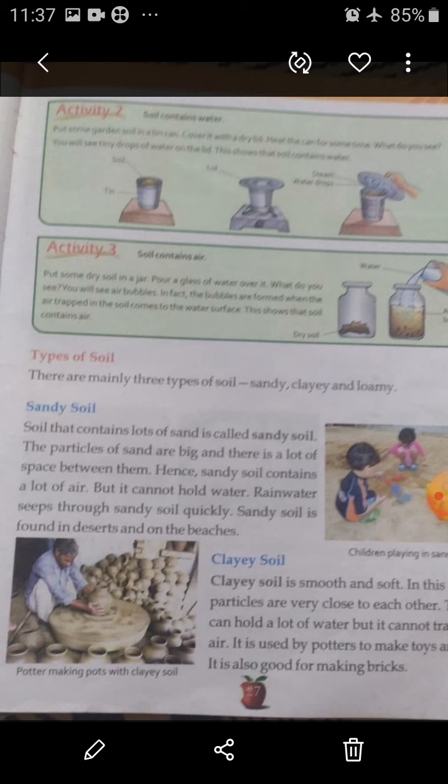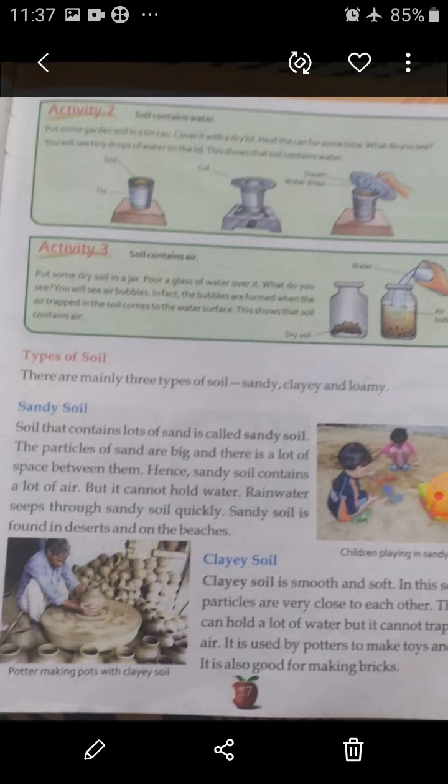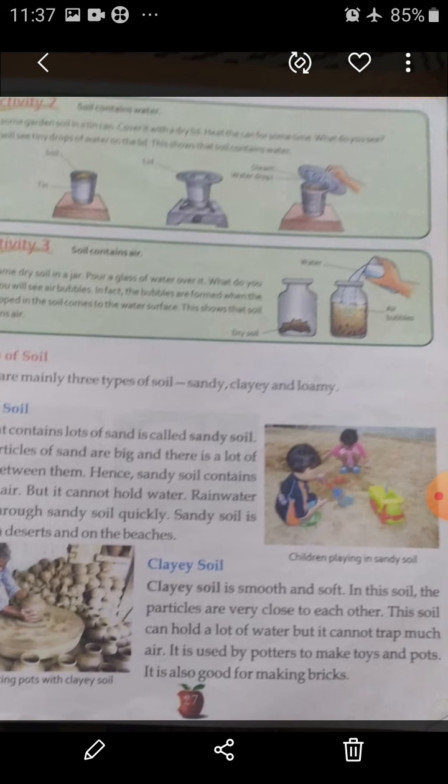Hence sandy soil contains a lot of air but it can't hold water. Water absorption capacity is very less. Rainwater seeps through sandy soil quickly. Sandy soil is found in deserts or the seashore, which is also called the beach.